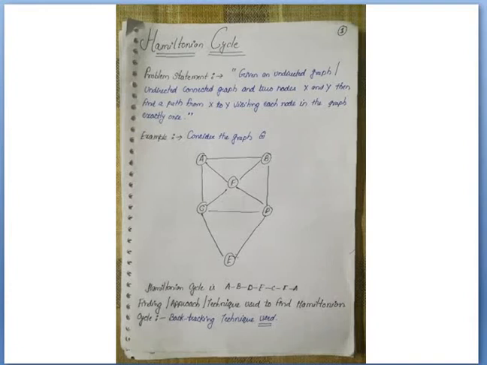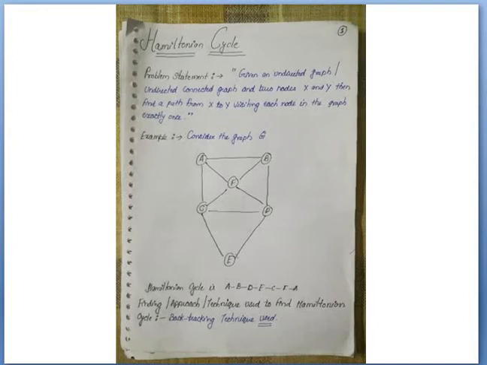If we are given an undirected connected graph and two nodes x and y, then we have to find a path from x to y where we visit each node in the graph exactly once.